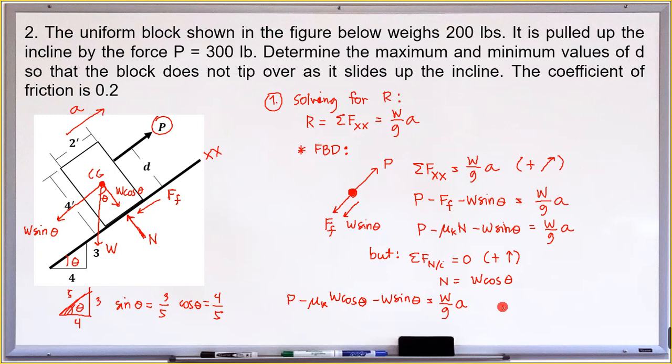So solving for the acceleration is equal to P minus mu k W cosine theta minus W sine of theta divided by the weight all over G.